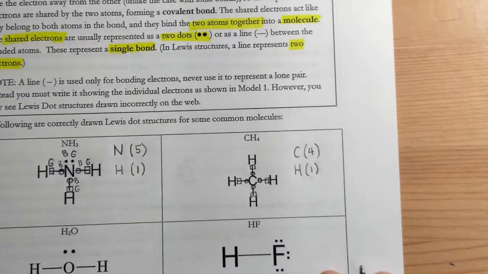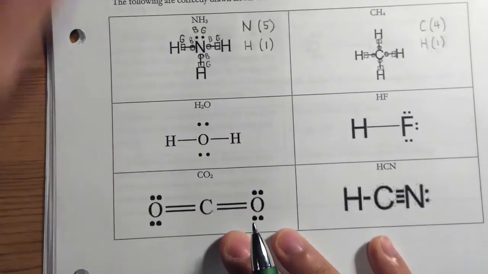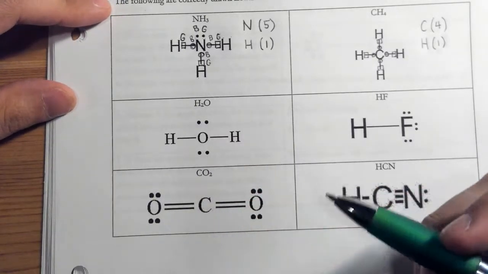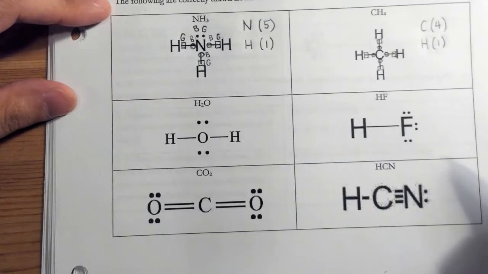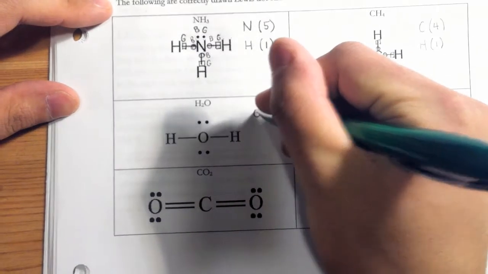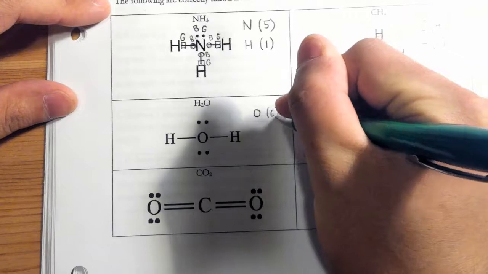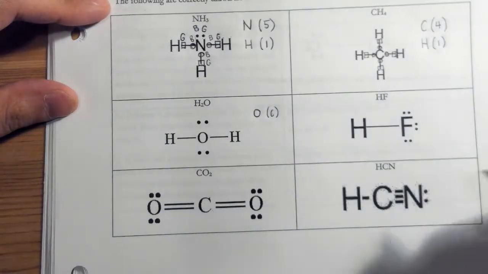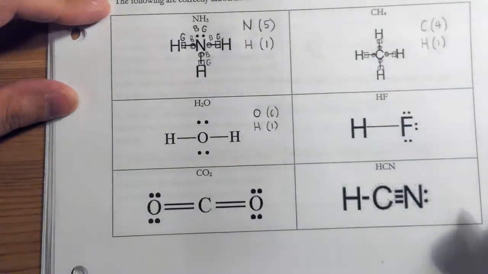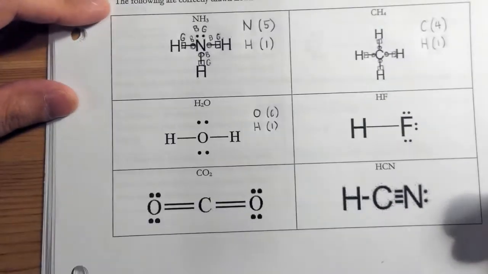Alright, let's go to the third one. H2O. So there's 2 hydrogens and 1 oxygen. So how many valence electrons are there in an oxygen? Oxygen has 6 valence electrons. And then hydrogen has 1 valence electron. Alright?